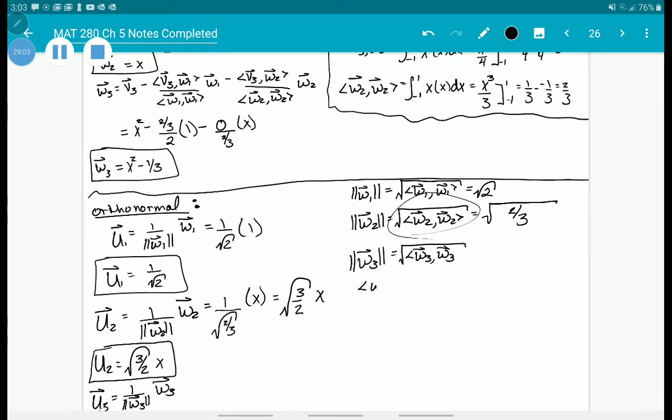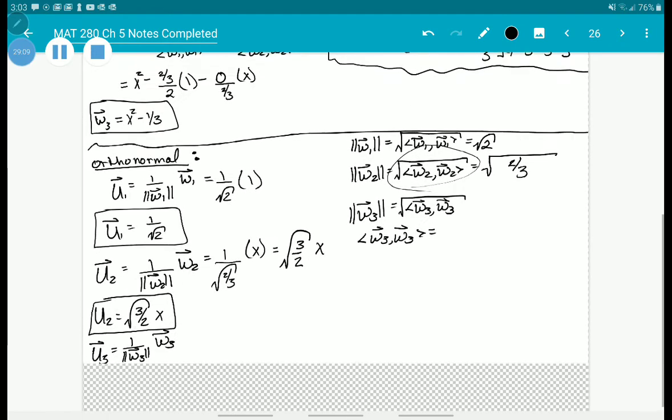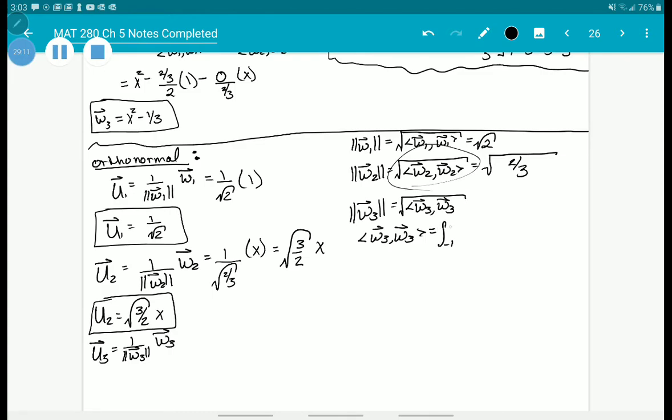So let's find W3 with W3. We're integrating from -1 to 1, x squared minus 1/3 times x squared minus 1/3 dx. So that's x to the 4th minus 2/3 x squared plus 1/9.